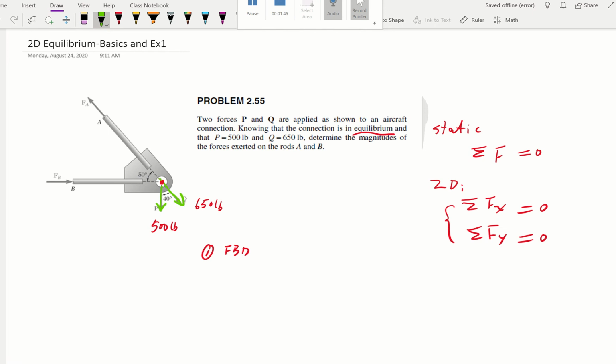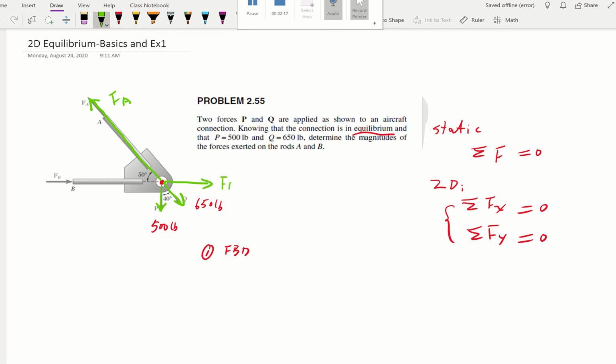Then we also have this force A acting on the rods, and we also have this force B. It's going this direction, so the arrow going that direction is going to be our force B. What I normally like to do is draw FB in that direction, so all the forces go through this red point.